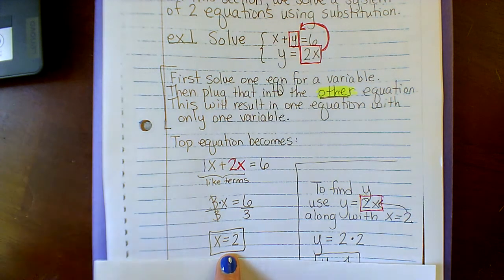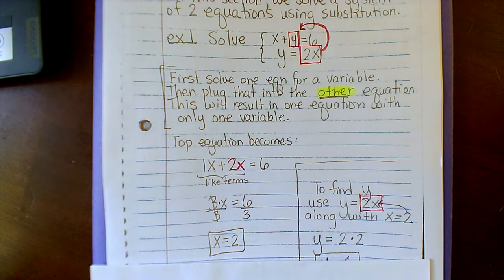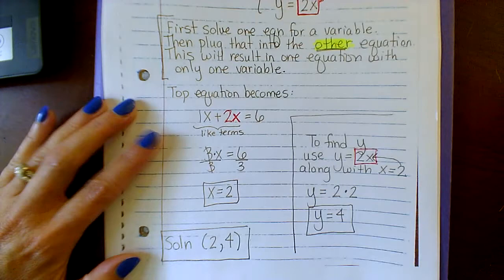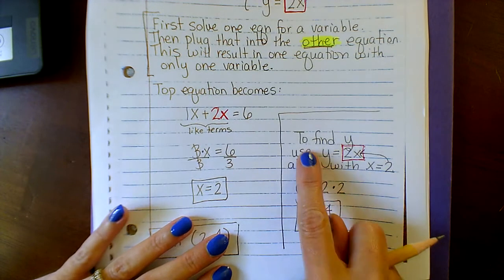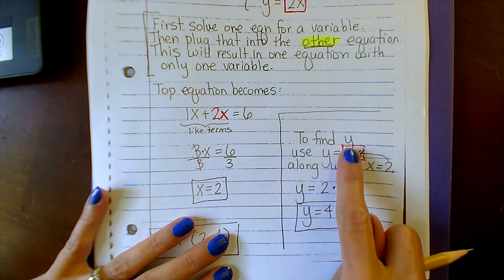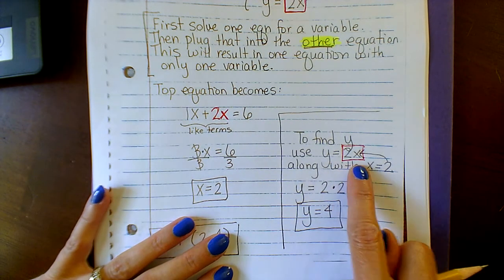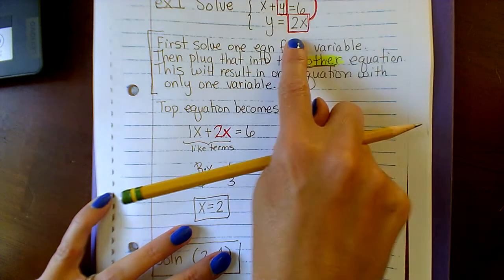Remember that when you solve a system of two equations and two variables, you're going to get a point of intersection. That point requires an x and a y value. So don't stop too soon. To find y, we already found x, we're going to go back and use that substituting thing.